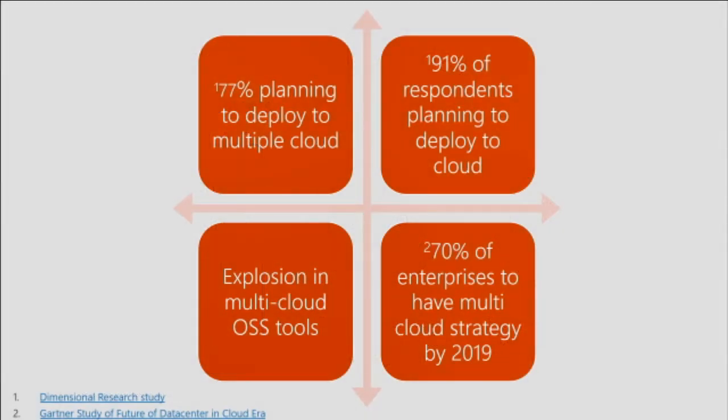The second thing that you'll have to plan for is a couple of data points based on two different research studies. A Dimensional Research study said that 77% of the respondents of that survey were going to deploy to multiple clouds, right? And so that's also going to become a reality. And along the same lines, a Gartner study came about that 70% of enterprises will have a multi-cloud strategy by 2019.